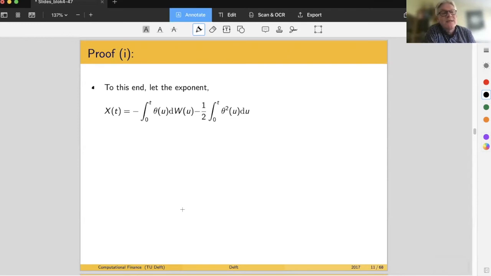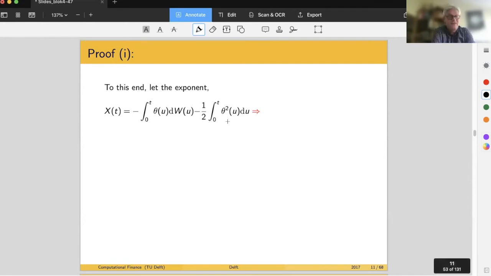The exponent is, and we call it X here for a change, the exponent of Z: minus the integral from 0 to t of theta_u dW_u minus 1/2 the integral from 0 to t of theta squared u du.